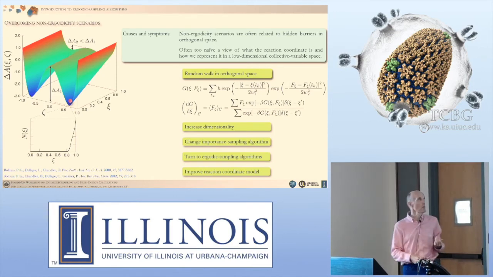So what can I do about that? It's a too naive view of the problem, so I can increase the dimensionality. In some cases, we saw that, for instance, for an ion permeating a synthetic channel, just going along the long axis was not enough, because the ion got stuck chelating the NH groups. The chloride ion was chelating the NH groups.